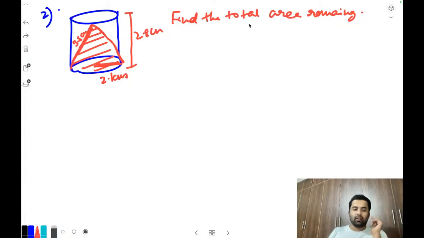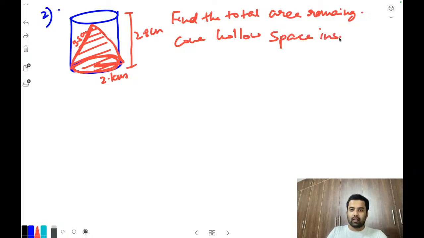From one side only, see I'm mentioning this. From one side, the cone shape is deleted, which means you have taken out that part. It is a hollow space inside. A cone hollow space is there, from the bottom side only. Now the question asks to find the total area remaining.